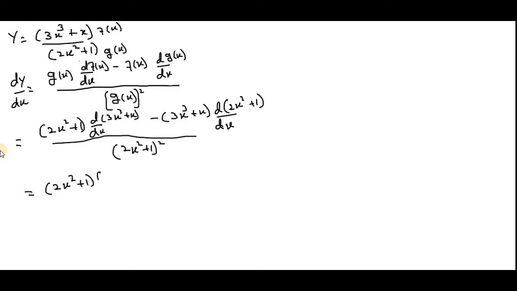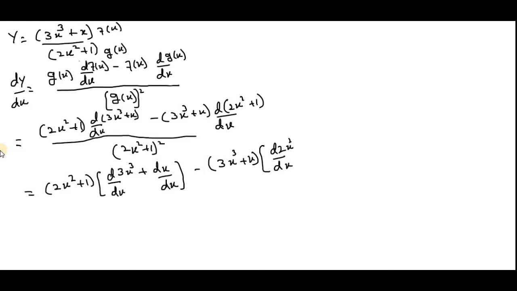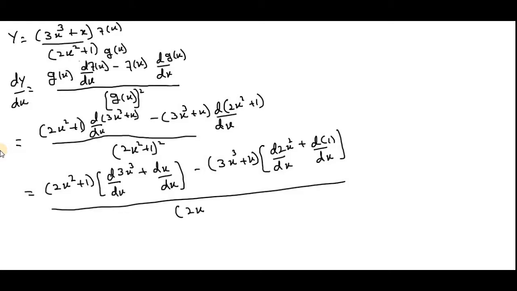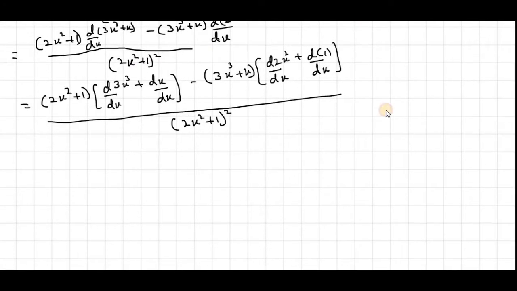Now 2x square plus 1, applying sum rule, d by dx 3x cube plus dx over dx, minus 3x cube plus x, and again applying the sum rule, d by dx 2x square plus d by dx 1 and divided by 2x square plus 1 whole square.